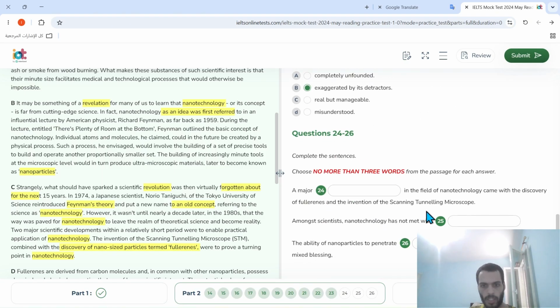A major scientific development in the field of nanotechnology came with the discovery of fluorescence and the invention of the scanning tunneling microscope.